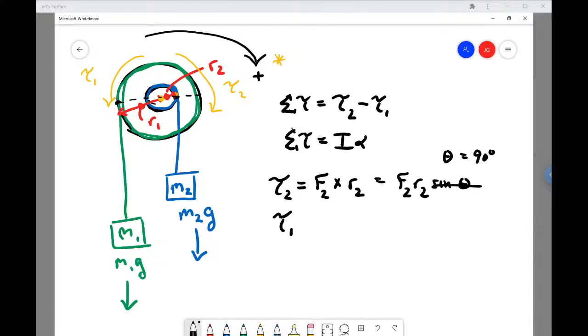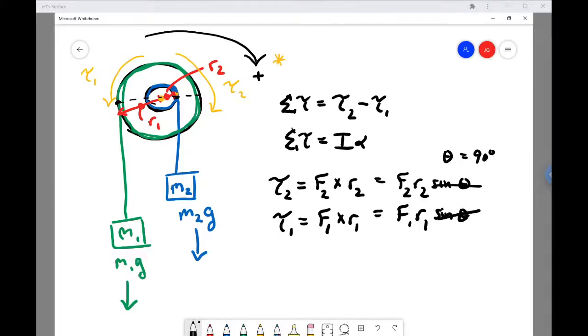And then the torque exerted by mass 1 is its weight crossed into R1, which is again 1.